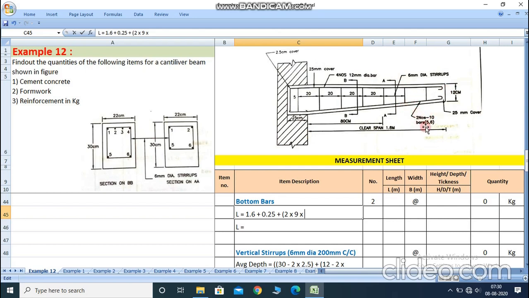Clear? So 10 mm converted into meter, 0.010, and then after, minus.